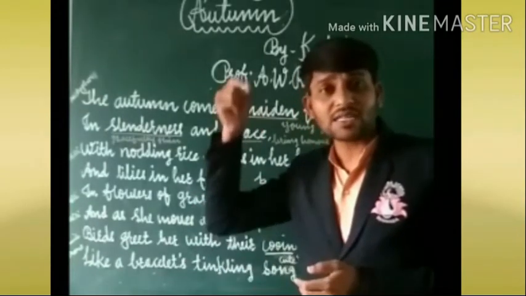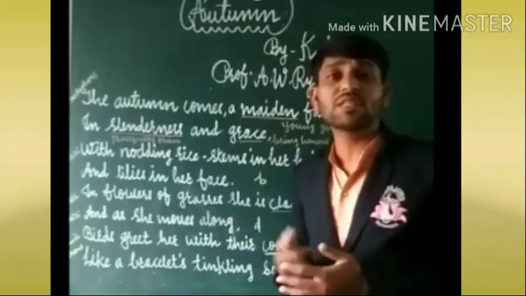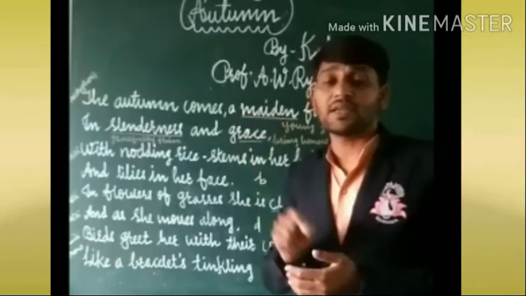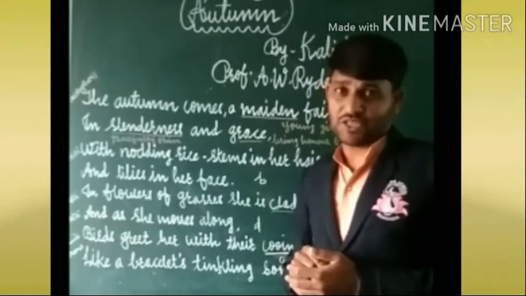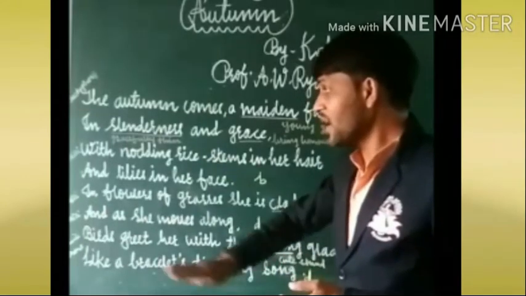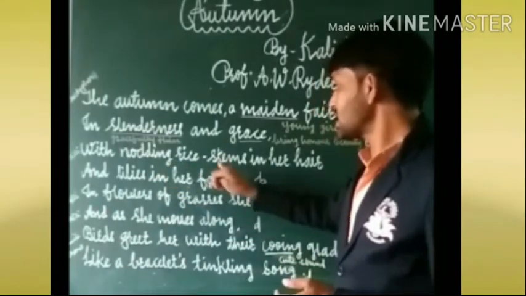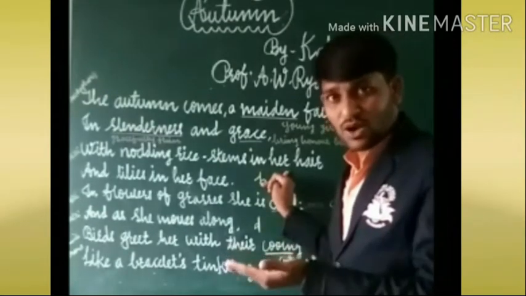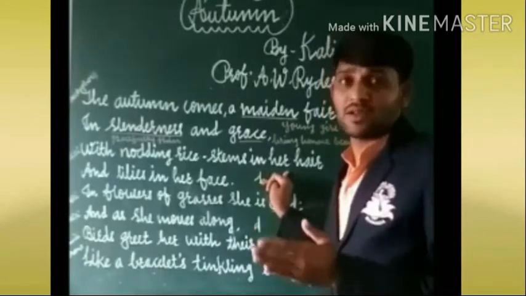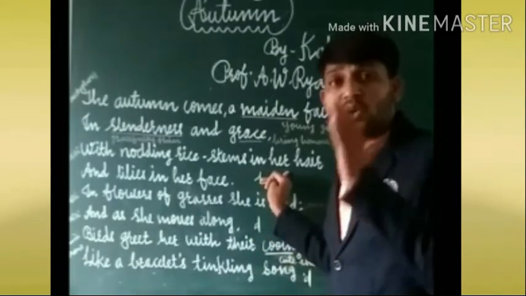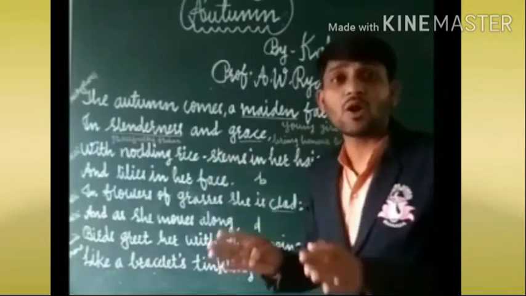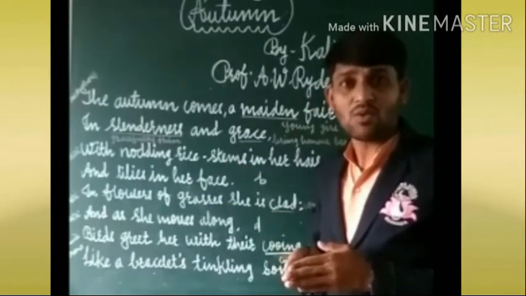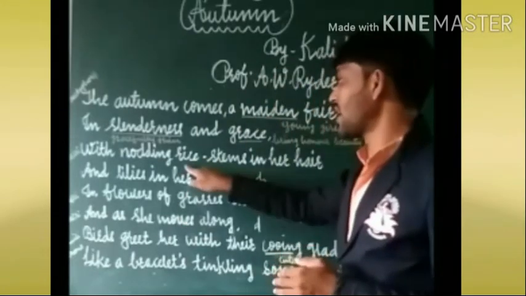They add flowers in their hair, adorn themselves with flowers, and add a kind of beauty to their nature. In the same way here, it is said, with nodding rice stems in her hair. When the grasses move with the wind, it looks like the hair of the girl is swinging in the air. And how? With its rice stems.